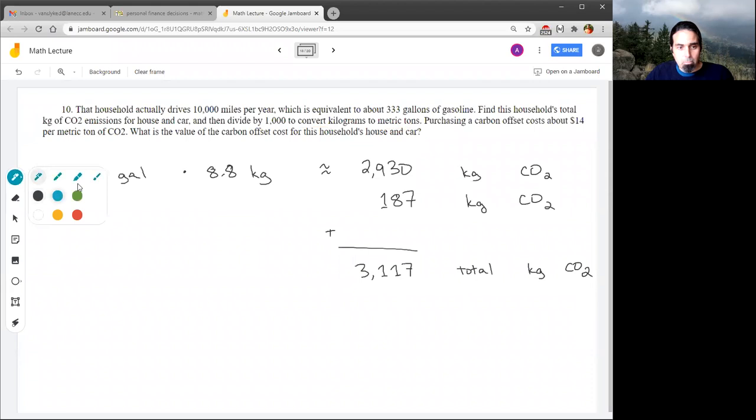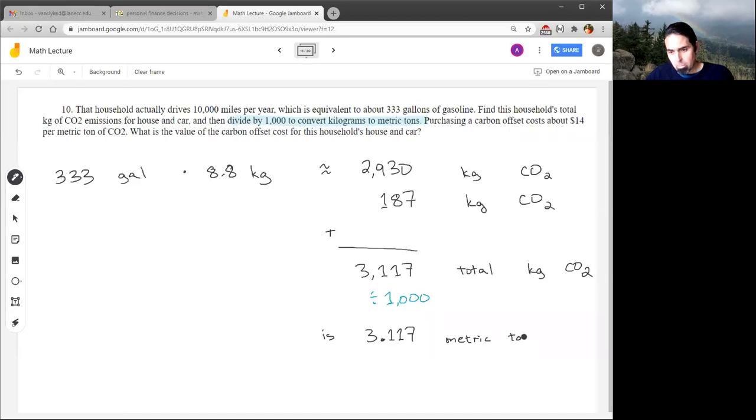So let's do that. Divided by 1,000 is scooting 3 to the right. So we're going to get 3.117 metric tons of CO2. 3.117 tons.